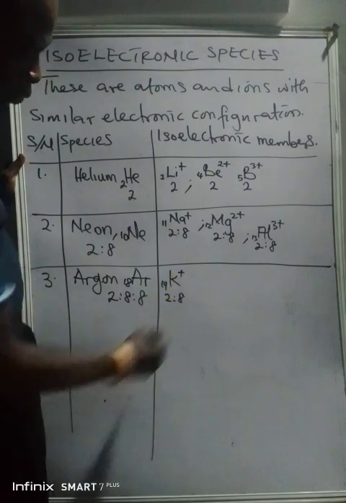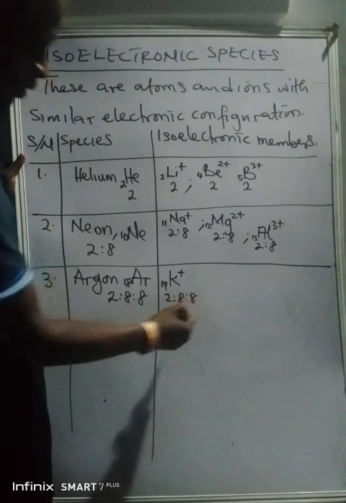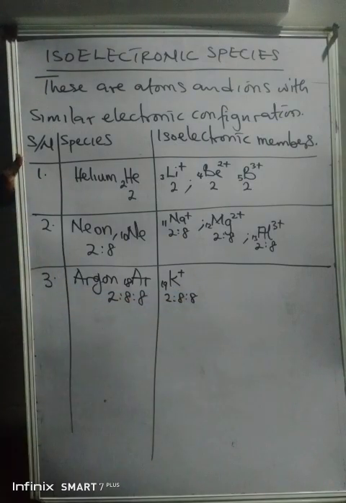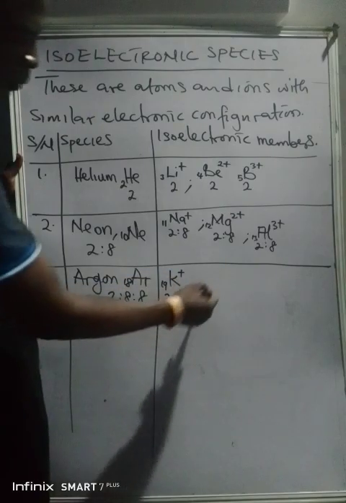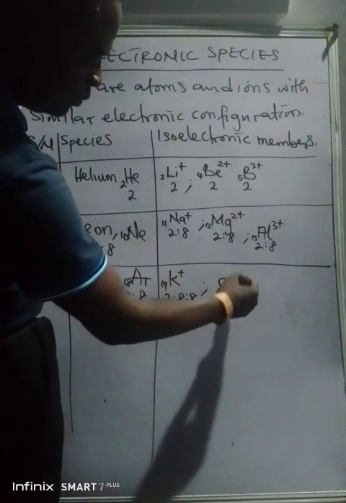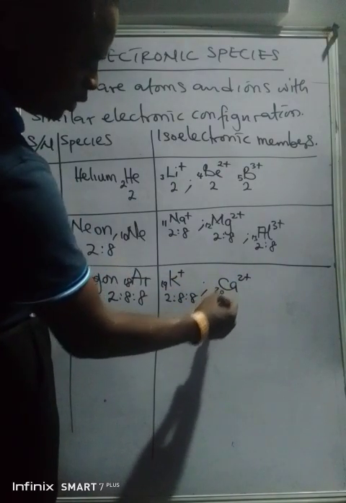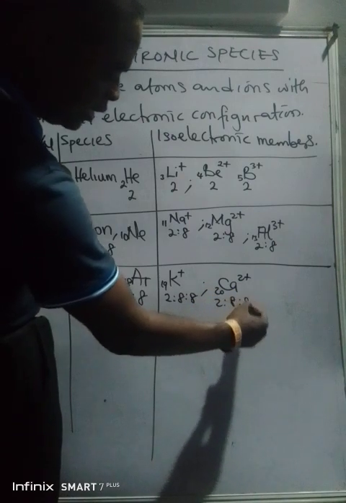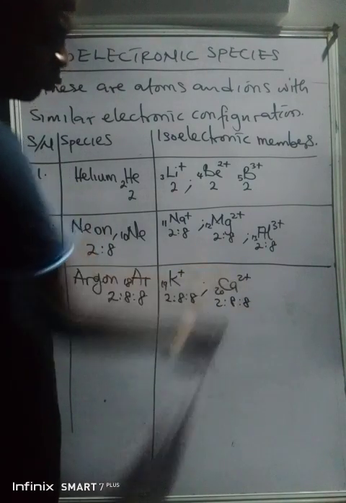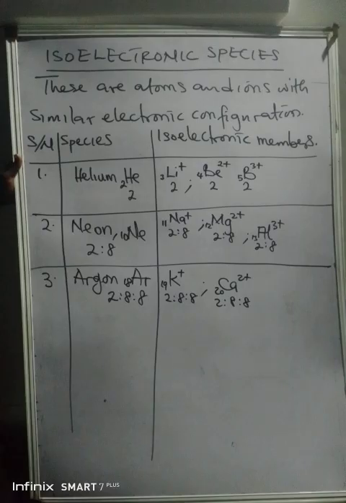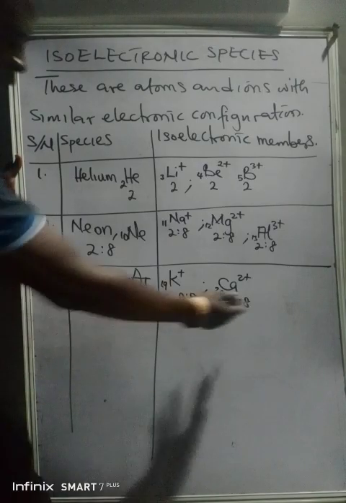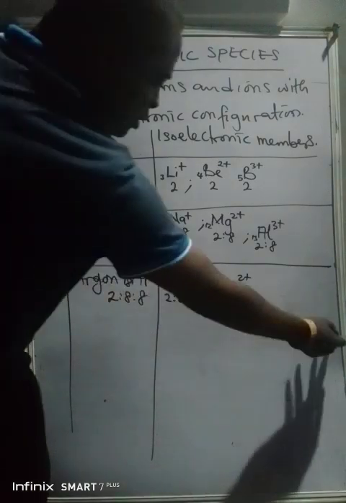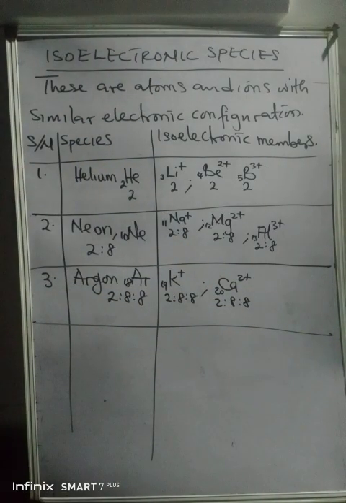Potassium ion is 2, 8, another 8. It's supposed to be 2, 8, 8, 1, but it has lost it to carry this plus. Then calcium ion, number 20, is supposed to be 2, 8, 8, 2, but it has lost the 2 to form 2 plus. So all these ones are isoelectronic species to argon. Are we there?